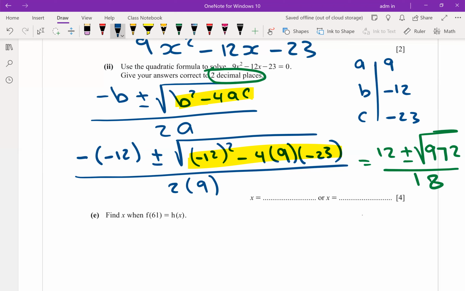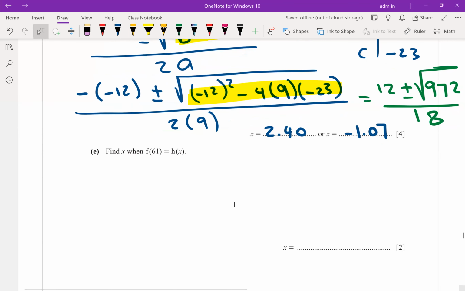And final answer? 2.40 and negative 1.07. You have to write your final answer to 2 decimal places. Negative 1.07 and 2.40. Perfect.